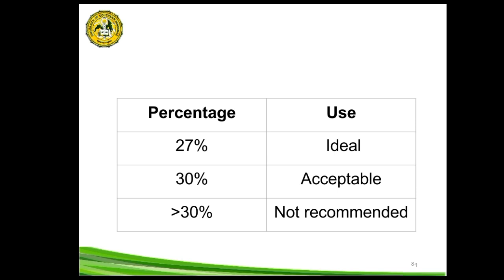The reason why 27% is best for selecting the upper and lower group and calculating the discrimination index is based on statistical theory, specifically from Kelly's method, 1939.